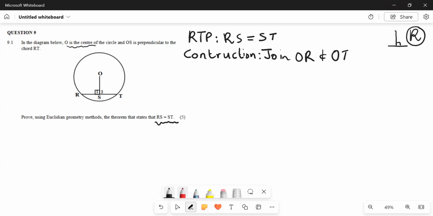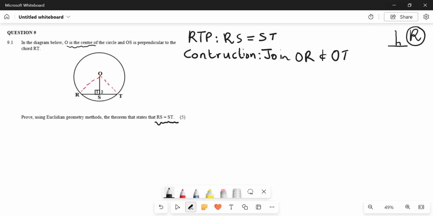Let me use a different color to show you. So we're joining OR as well as OT. That's good. So from there now we have our radius, which is OR as well as OT. Remember I said when I see center, I think of radius, but when I go back to my sketch, I didn't find my radius.